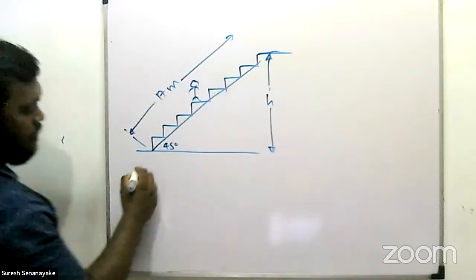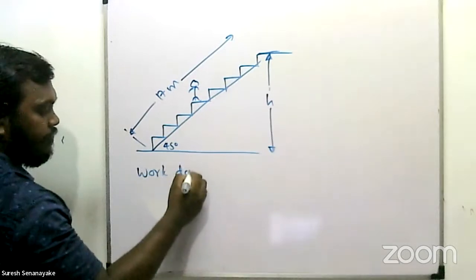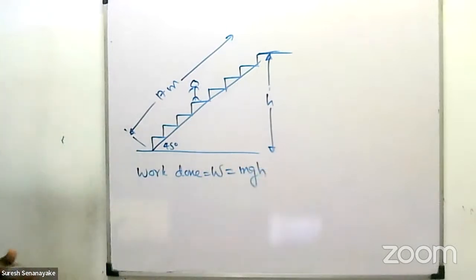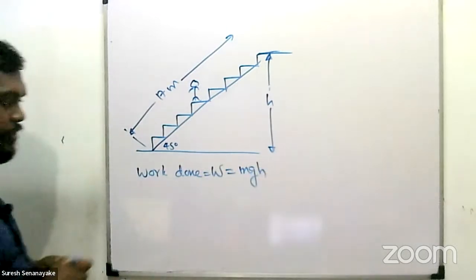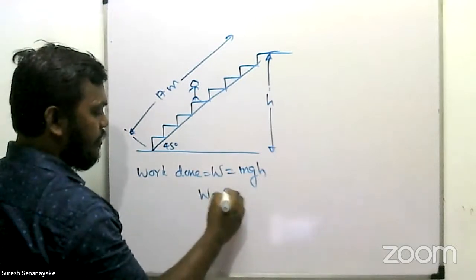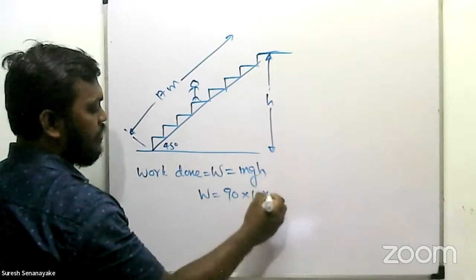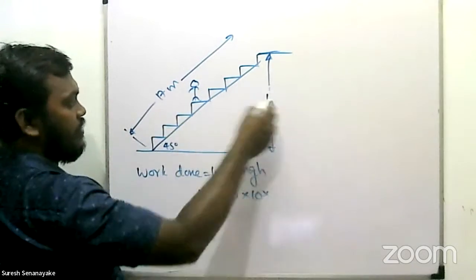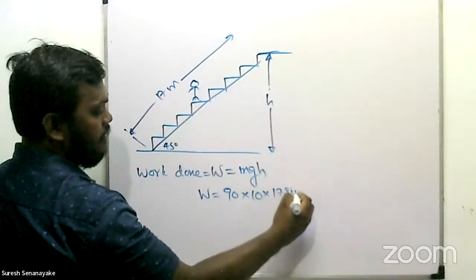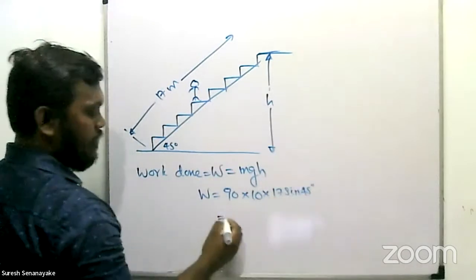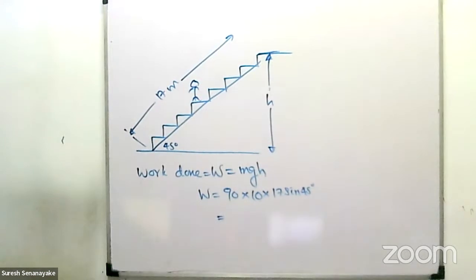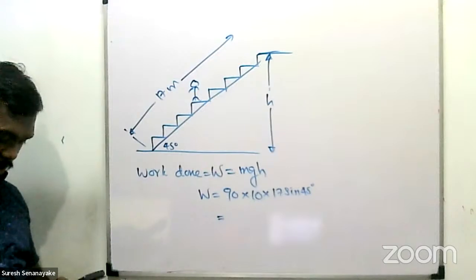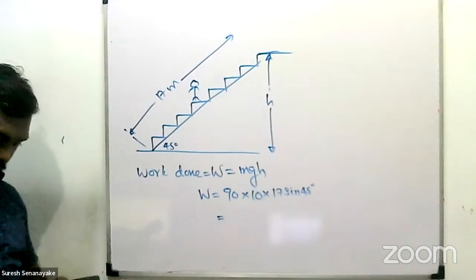So the work done in this process equals the potential energy change, mgh. Mass is 90, g is 10, and h you can find: sin 45 is h over 17, so h is 17 sin 45. If you simplify, you get 90 into 10 into 17 into sin 45.